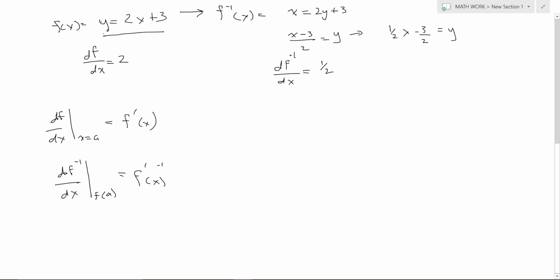Now, given this proof here, this property saying that they're inverted, we can say that the derivative of the inverse function at x equals the function of a is simply the inverse of the original derivative at x equals a.